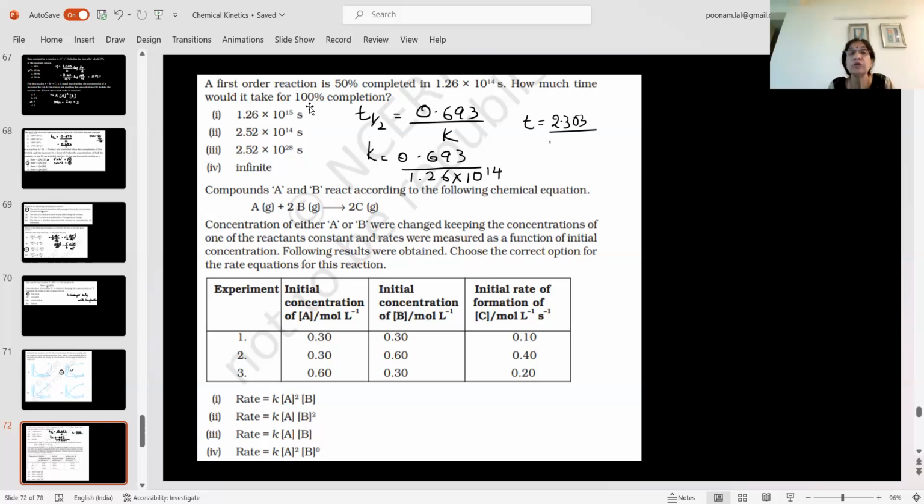So here first you have to find the rate constant.